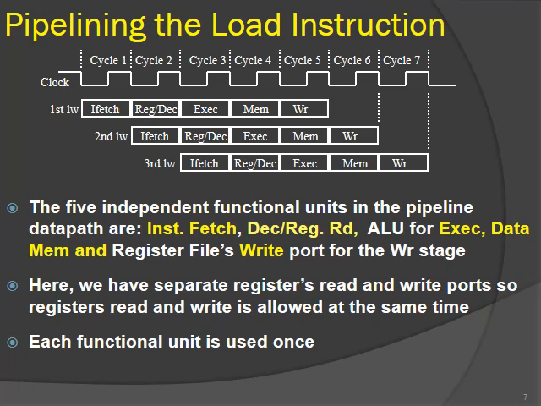So each functional unit is only used once per instruction. So there will be no conflict in the pipeline for the execution of the instruction fetch, memory and write back. The interaction between instructions in the pipeline data path will be shown later on.